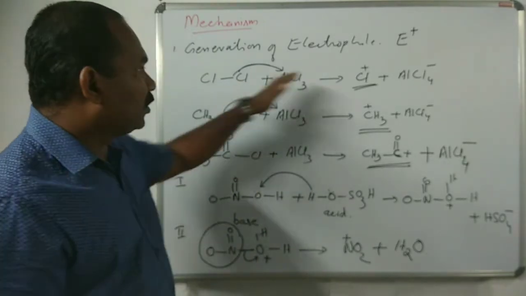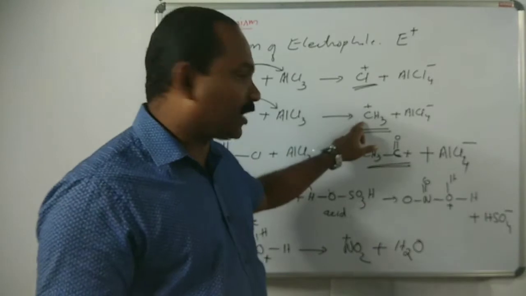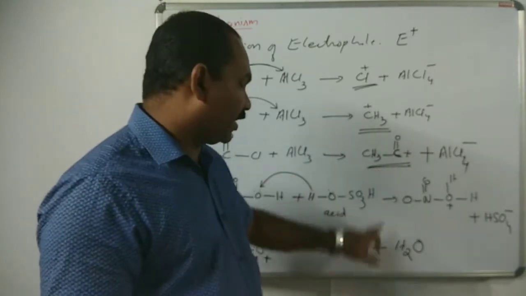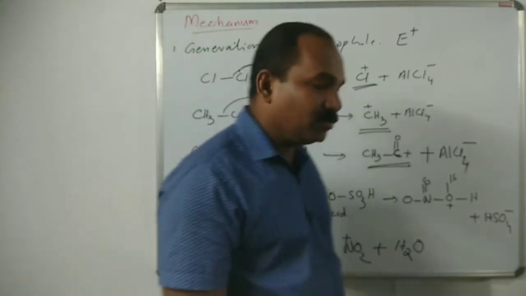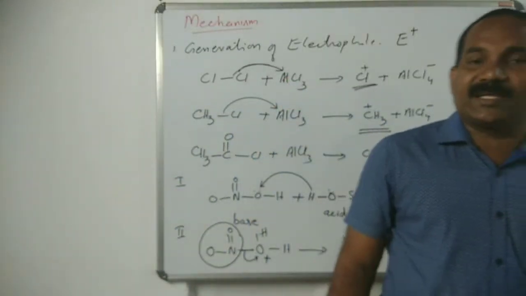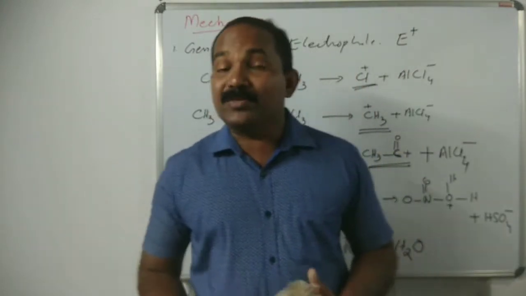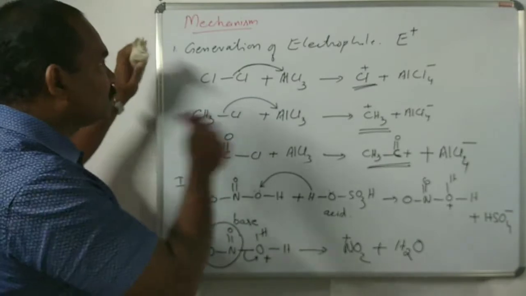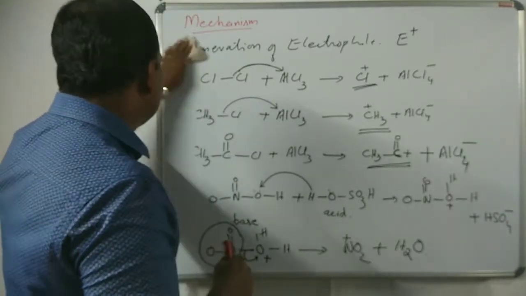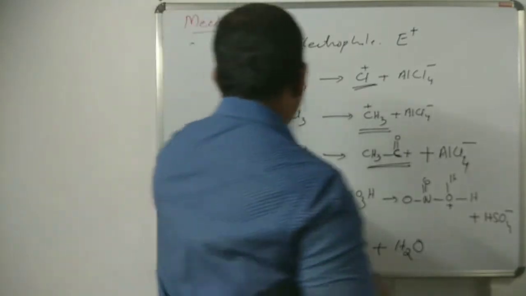Chlorine electrophile, methyl electrophile or generally alkyl electrophile, acyl electrophile, and nitronium ion, NO2 plus. So that's about the first step, generation of electrophile.